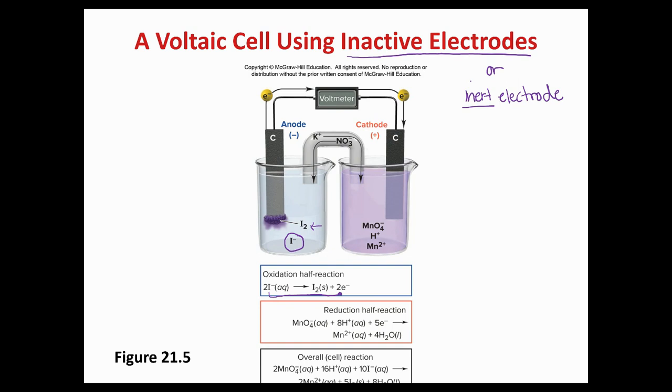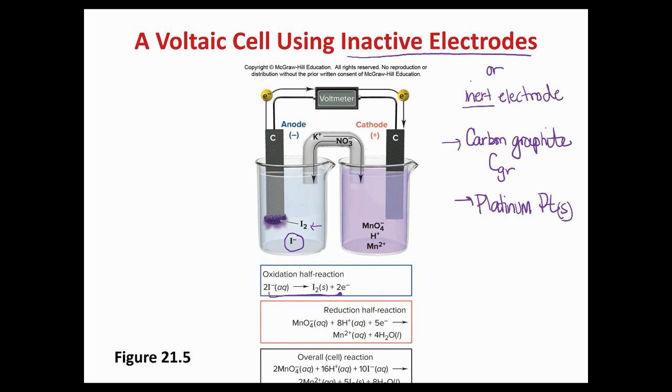So inert electrodes, one could be carbon graphite, as shown here, and that's what we would have used in our lab, or platinum. We used to use the platinum, but it's expensive, right? So we'd always have it kind of under lock and key. It got too stressful. So in this case, a carbon graphite was used.